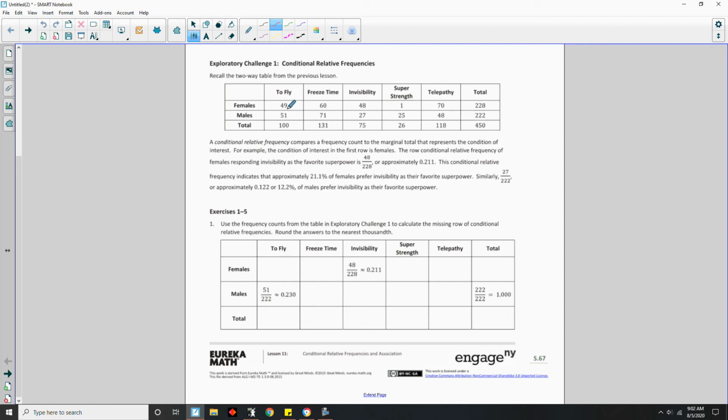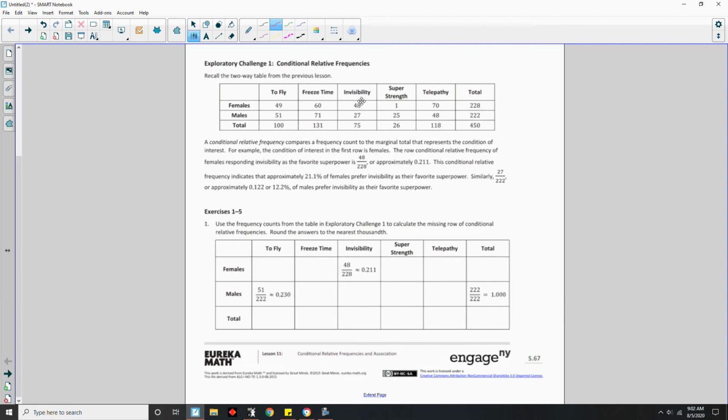So females to fly, 49. Now we're taking it out of what total? Okay, now we're not taking it out of the total of 450 like we did last time. Now we're going to do it with respect to gender only. So as you see, they did 48 out of 228. 48 came from here, and the 228 came from the total.